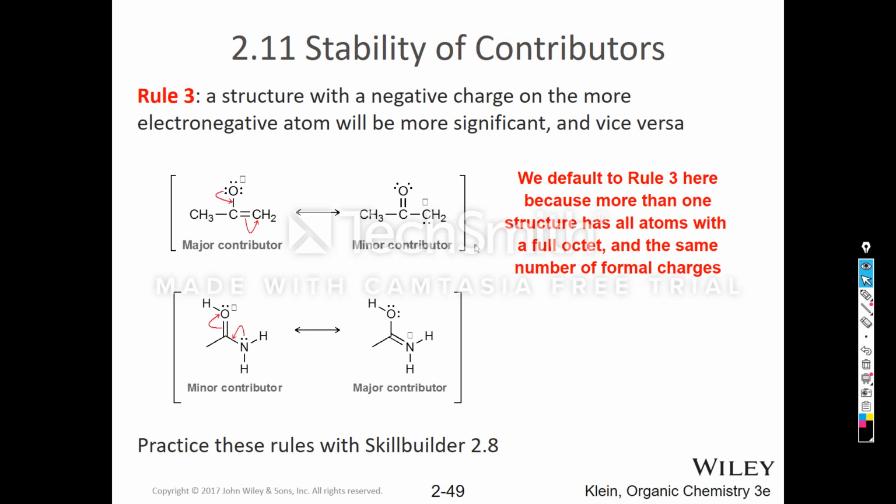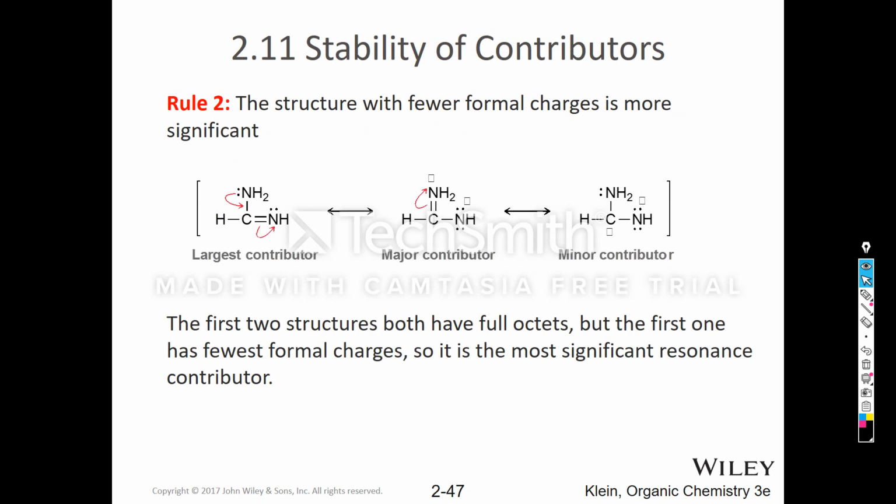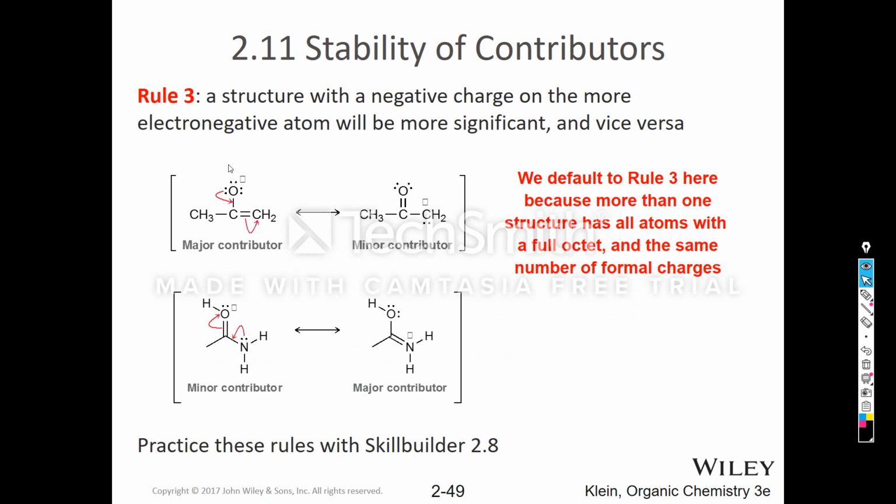Okay, so that is rule 2 discussed in 2 different contexts. Now if you go to rule 3 of finding out the resonance contributions, then you have the decision between the same charge being on different atoms.